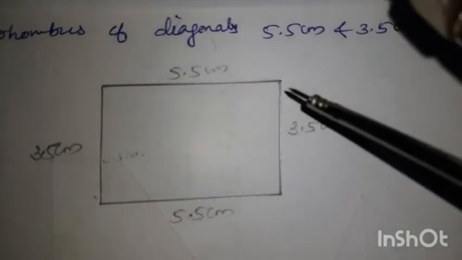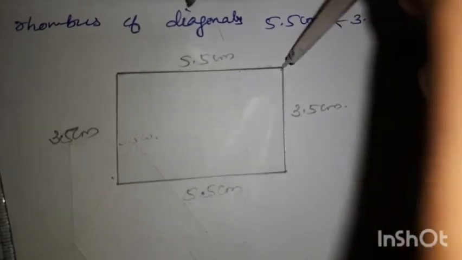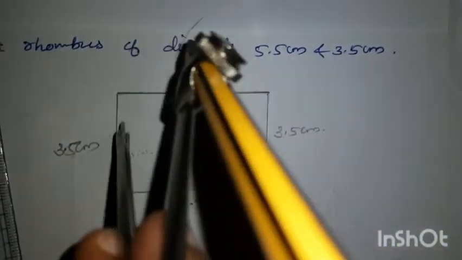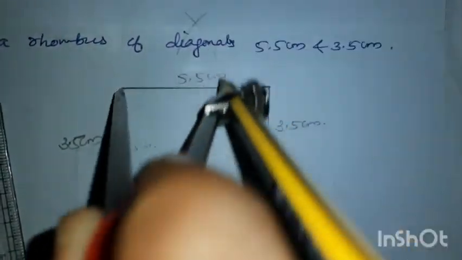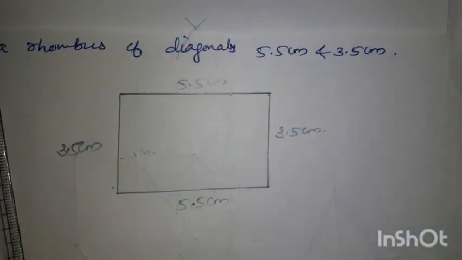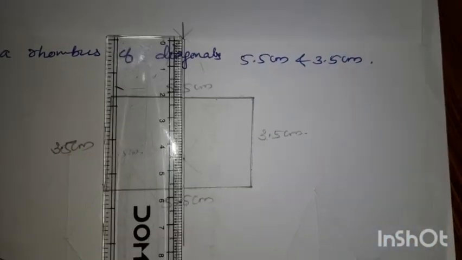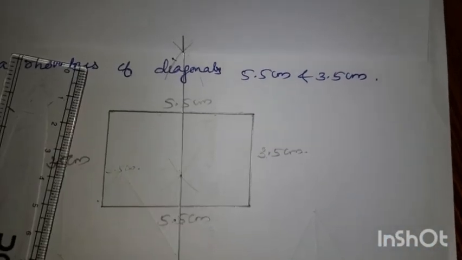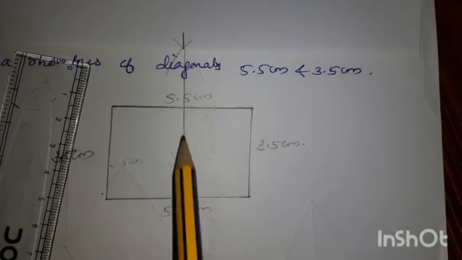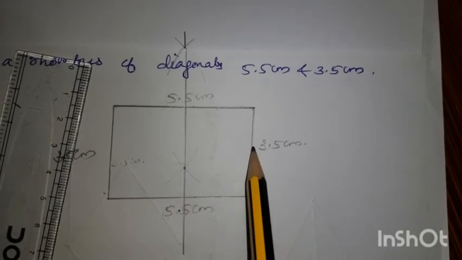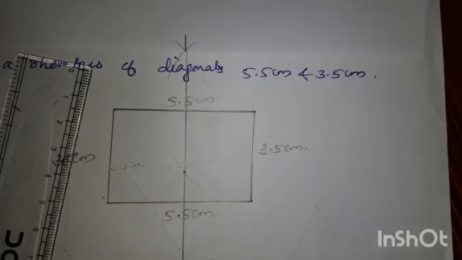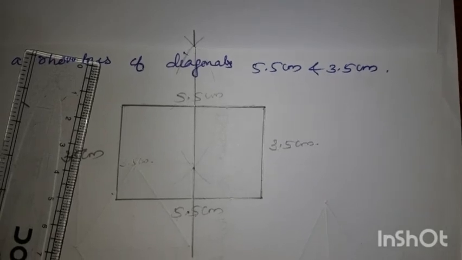So draw the bisector for the 5.5 line. Then draw the line. So extend the line. So the 5.5 centimeter bisector you got. Same you have to do for this 3.5 also. Find the bisector of 3.5.